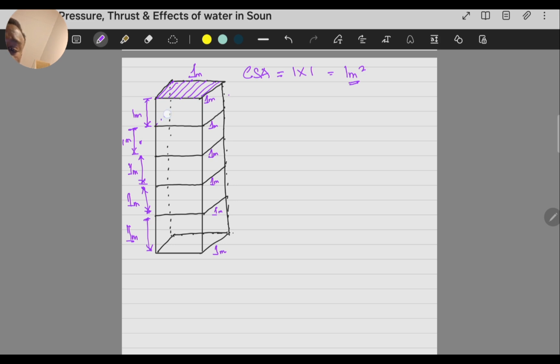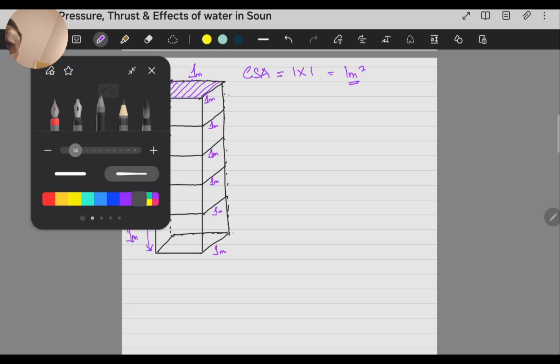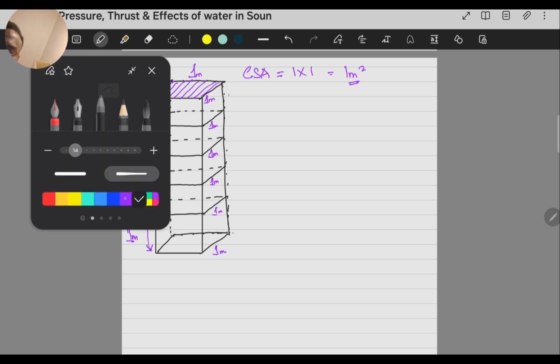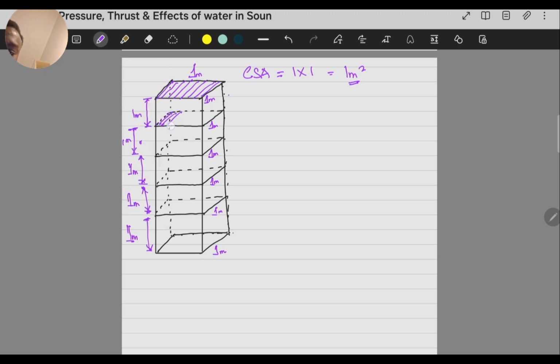I'm just going to try and distinctively separate these boxes, just to indicate that they are different entities.